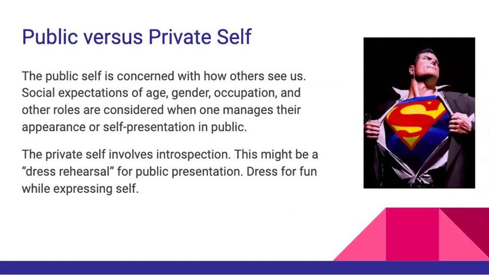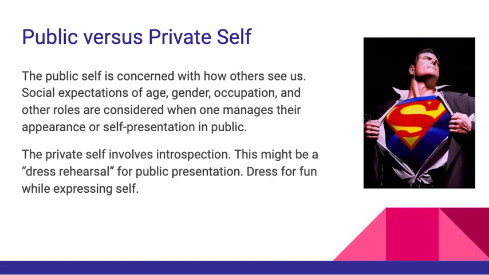There's also the consumer's private self versus the public self. The public self is concerned with how others see us. That could be our social expectations of our age group, our gender, our occupation. What constitutes being socially acceptable within public.